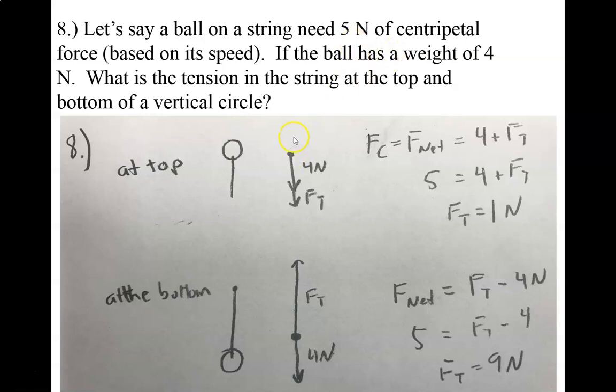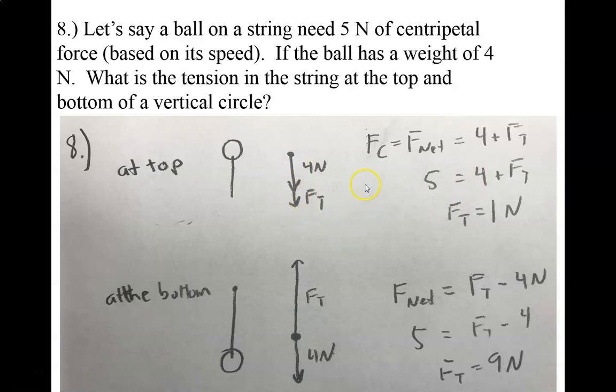So at the very top, I need 5 newtons of centripetal force down. Now I need that to be my net force. I've already got 4 newtons of gravity, so I need the rest of that to be made up by the force of tension to give me 5 newtons. Putting that in an equation, Fc equals 4 plus Ft. So 5 minus 4 equals Ft. Ft equals 1. So my 1 newton here gives me 5 newtons total.